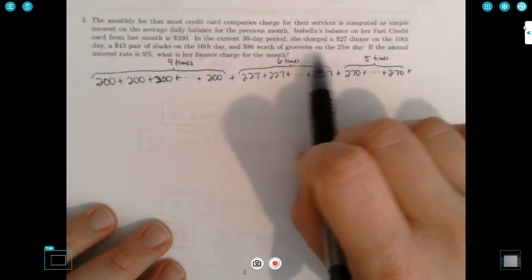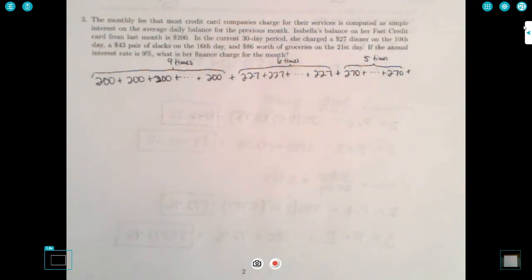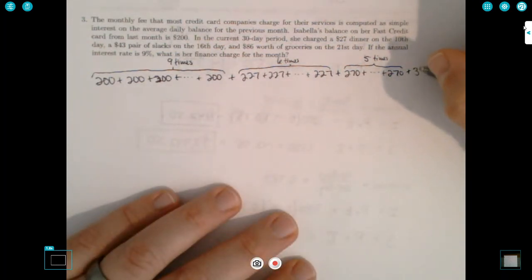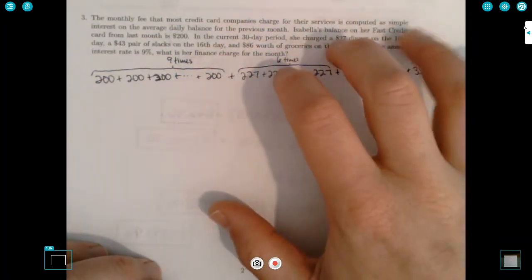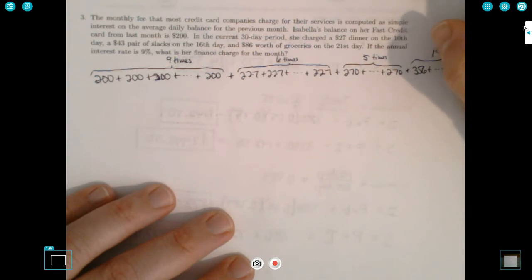And then finally on day 21, she makes another $86 charge. So it's going to be $270 plus 86. So that's $356. That happens on day 21, so days 21, 22, 23, 24, 25, 26, 27, 28, 29, 30. So for 10 days, right? So 10 times.